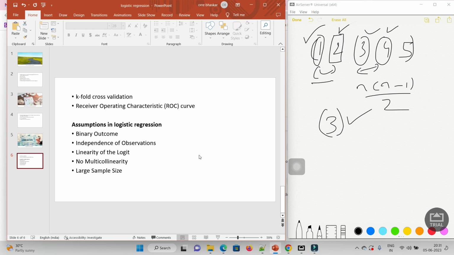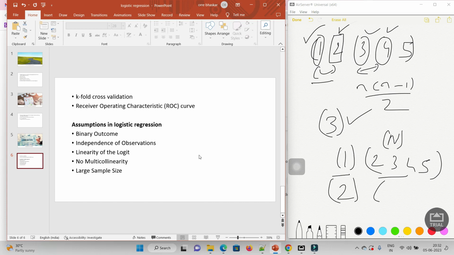Now 1 versus all, or 1 versus the rest. That means it can be either 1 or not 1, for the categories 2, 3, 4, 5. And similarly, for 2, we will be building a model with 1, 3, 4, 5. It should be either 2 or not 2.